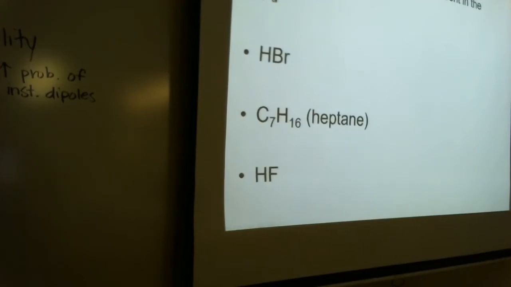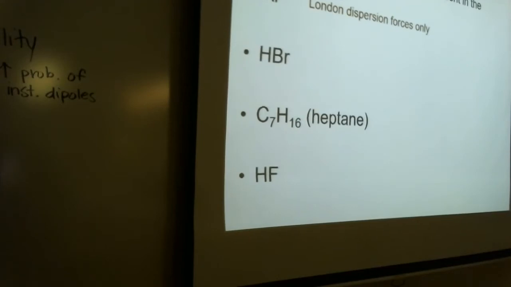Argon's a gas, a lone monatomic atom. So it's only got London, right? HBr, bromine's very electronegative compared to hydrogen. So that one would be, it's not hydrogen bonding, right? Because that's not a fluorine, that's not an oxygen, that's not a nitrogen, so it's not hydrogen bonding. What's the next level below that?